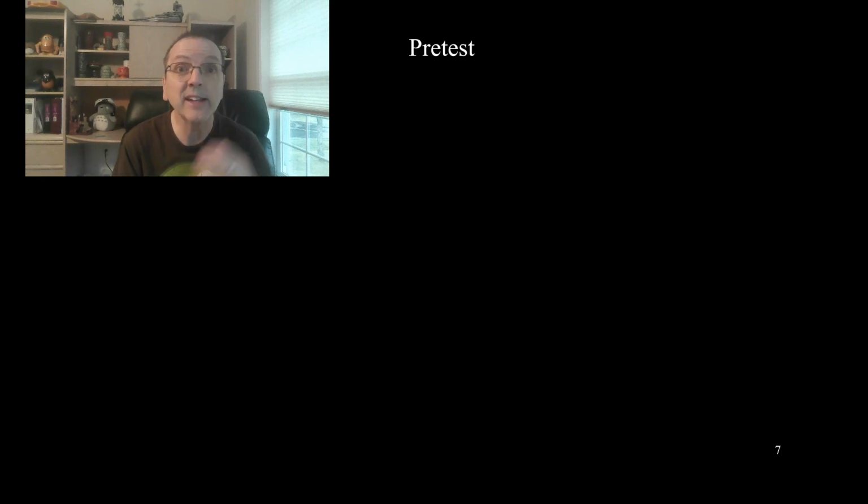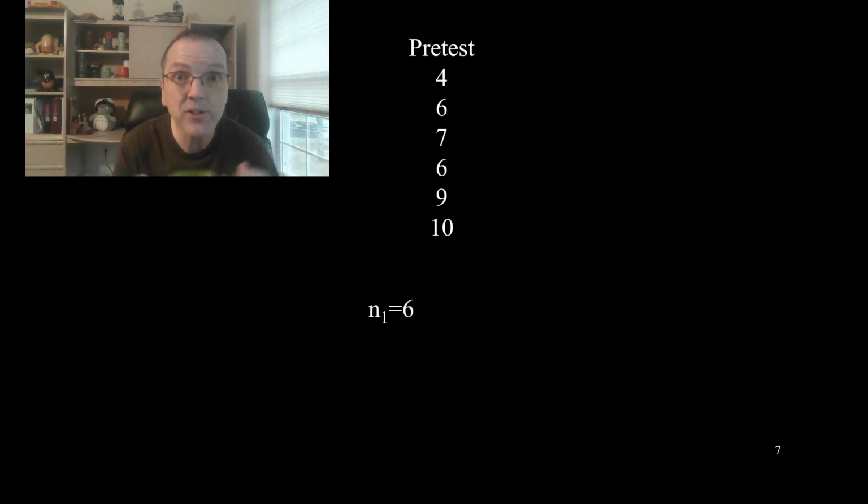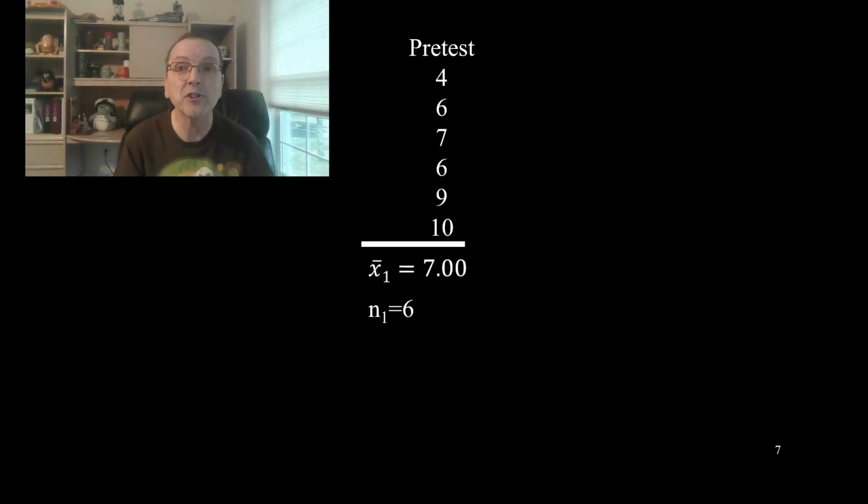Here are the anxiety levels for the 6 students prior to taking part in the intervention, right? And if we add these up and divide by the 6, we get an average of 7.